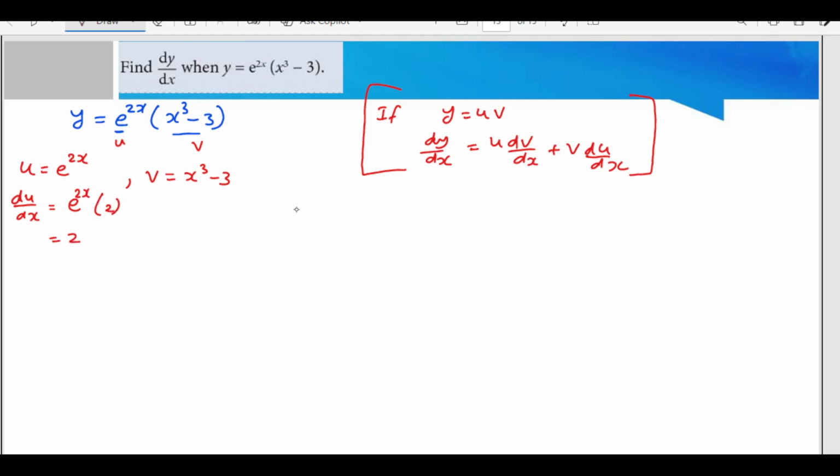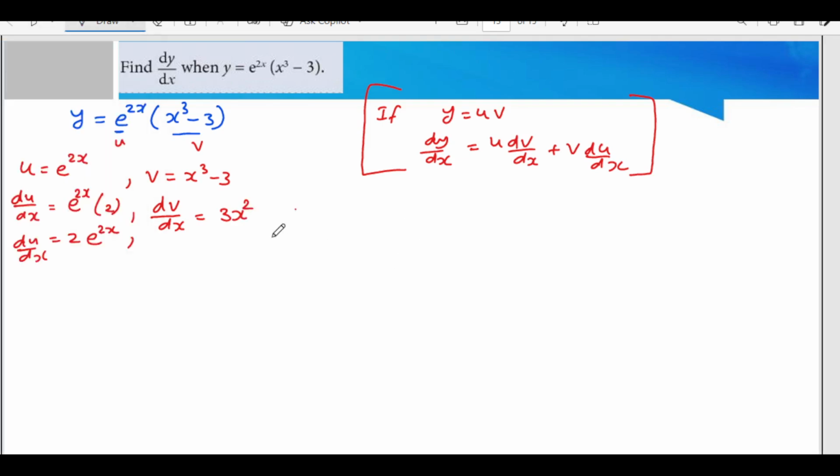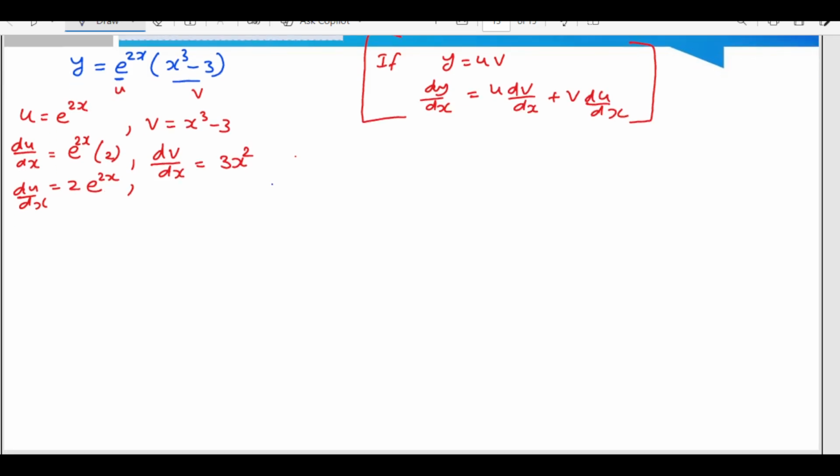So this gives us 2e power 2x, right? This is our du over dx. Now similarly we need dv over dx. dv over dx will be 3x squared minus 0. So basically 3x squared.